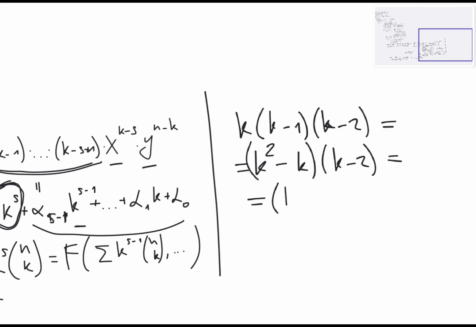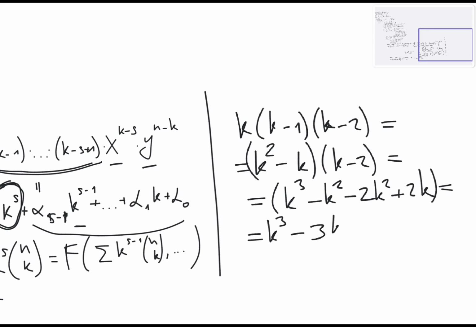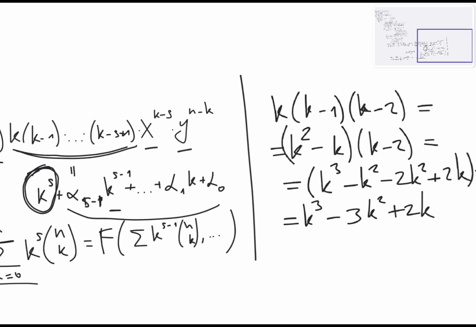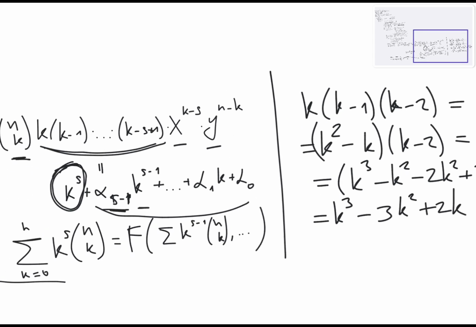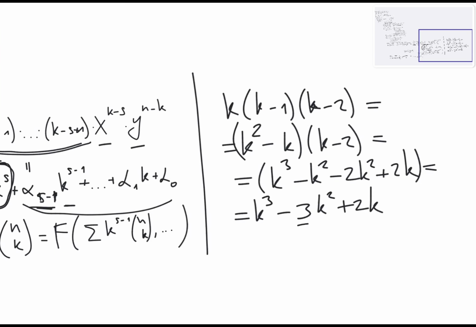It's k cubed minus k squared minus 2k squared plus 2k, right? So it's k cubed minus 3k squared plus 2k. So these are the coefficients alpha, minus 3 and 2, right?